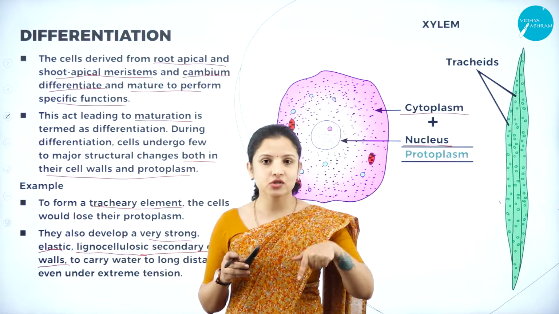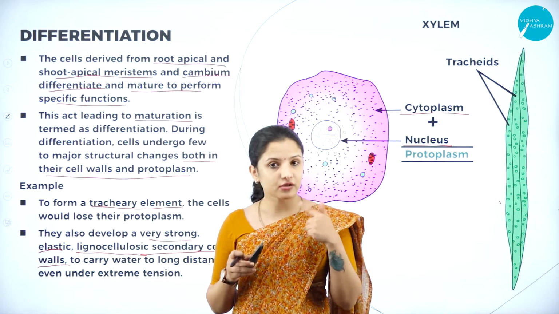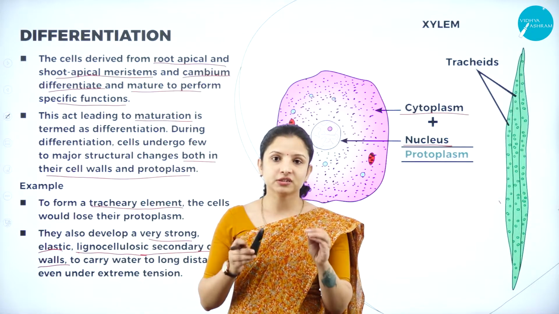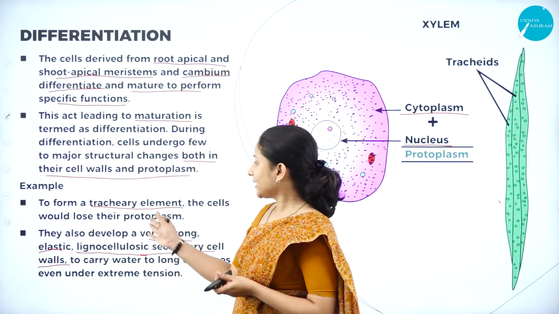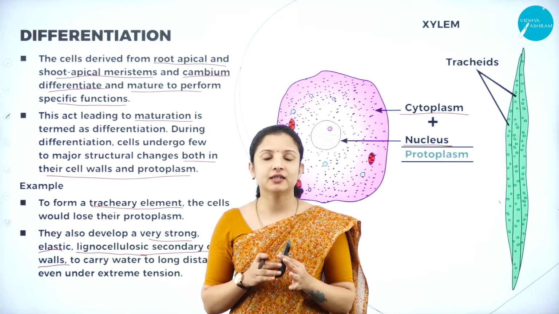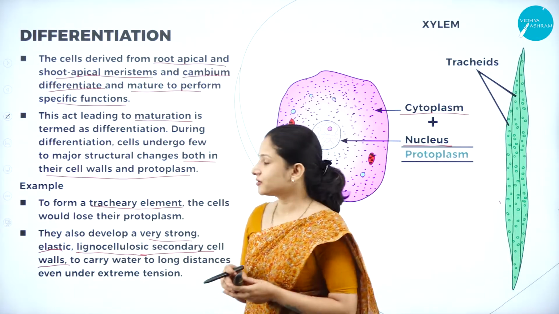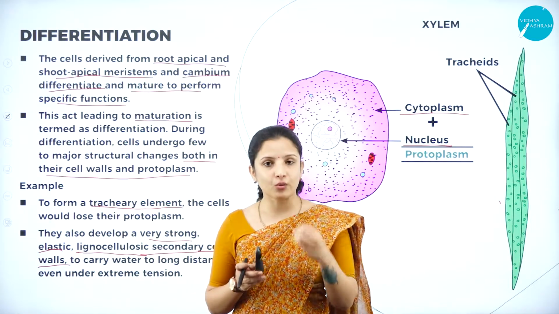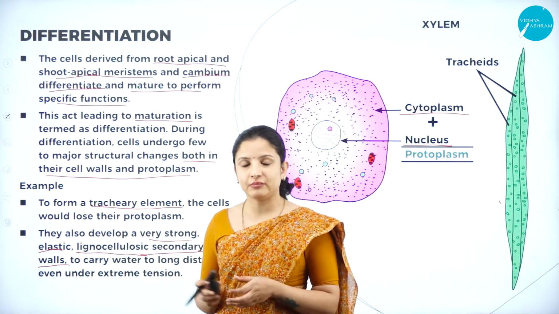They change the structure of the cell wall and the protoplasm in order to perform a specific function. The tracheary element is present in the xylem. What is the specific function of the xylem? To transport water, right? One of the components of xylem is the tracheary element.